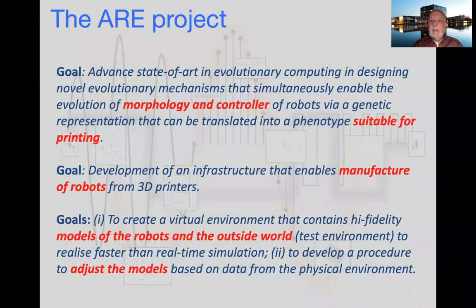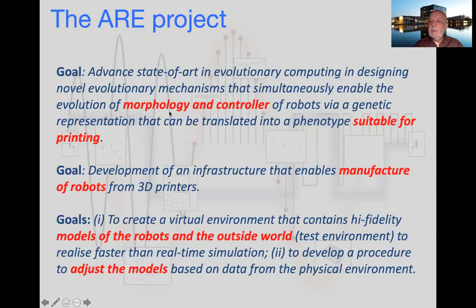So the goals of the ARE project are to advance the state of the art of evolutionary computing. This idea of evolving both morphologies, so that's body plan, and the controllers, is quite new. Very few people have tried to do this before. Most people using evolution on robots look at evolving controllers, but they've already got a designed body.